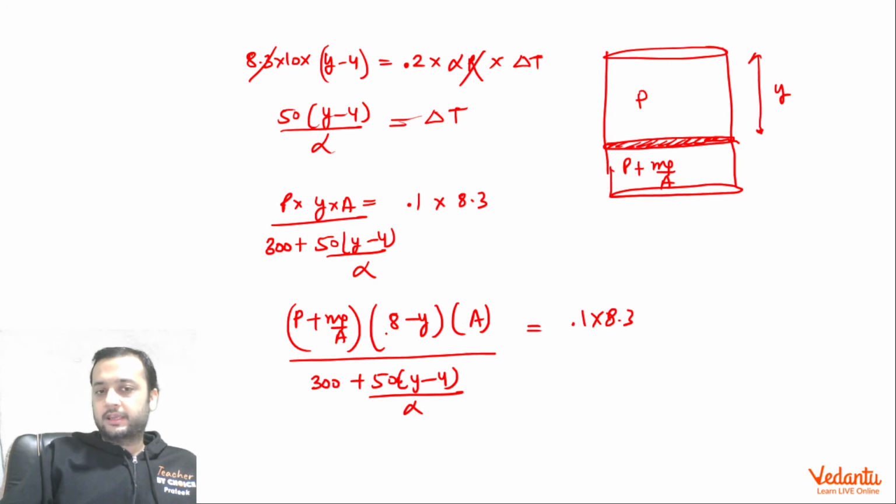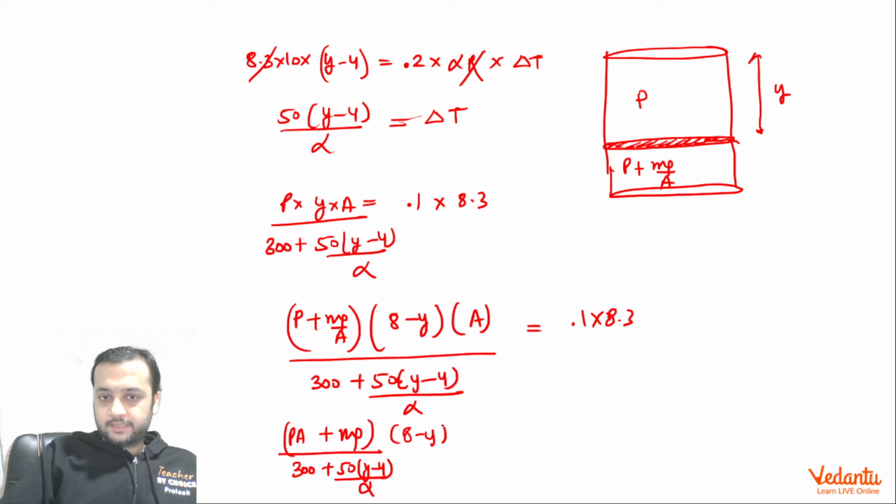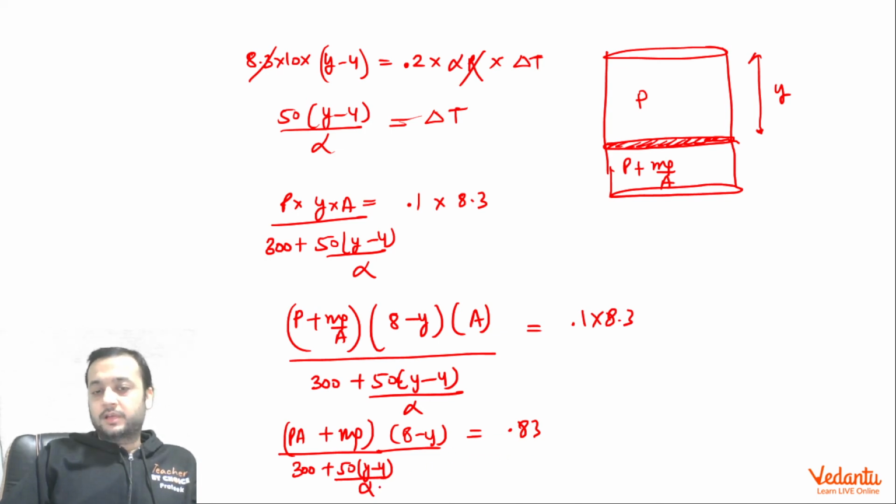So PA plus mg, whole upon this T final, which is 300 plus 50 into (y minus 4) upon alpha, into (8 minus y), will be equal to 0.83. So the PA value we already know in terms of y. If you substitute it over here, it is easy to see that the whole equation would come in terms of y. Only alpha is an unknown variable.